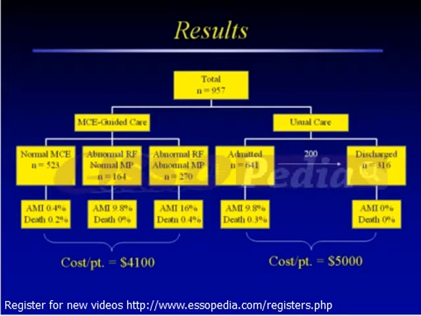All the other patients would have been admitted to hospital. The total cost of MCE-guided care came out to only $4,100 per patient. So the total cost savings would have been about $900 per patient, or about $1 million in the total sample.